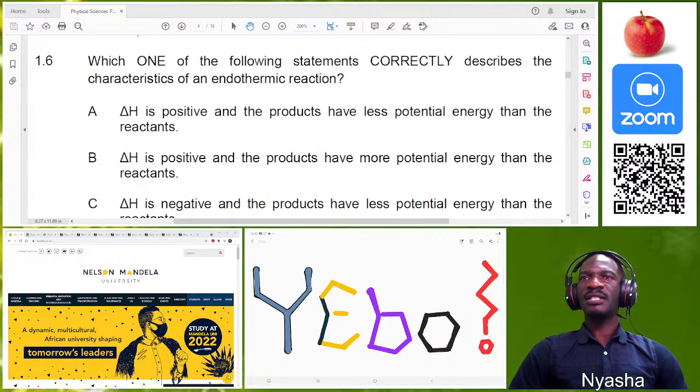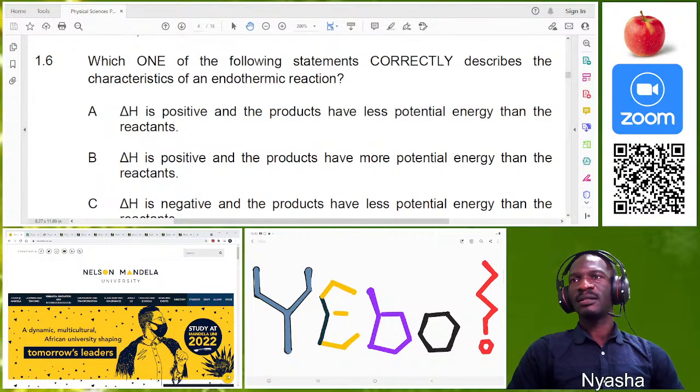Right, so you've got to obviously revise the concept of chemical reactions, the heat relationship with the products, the reactants, and so forth.